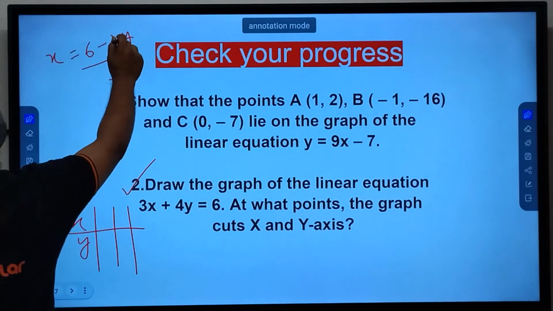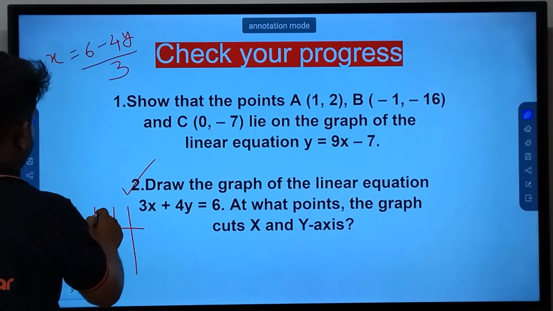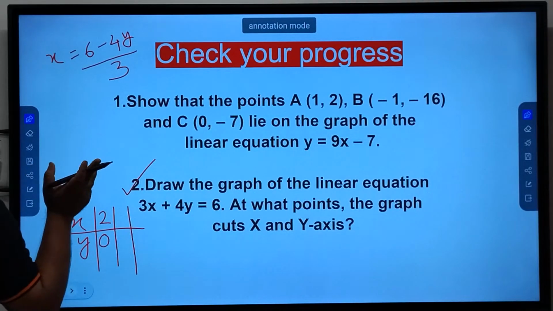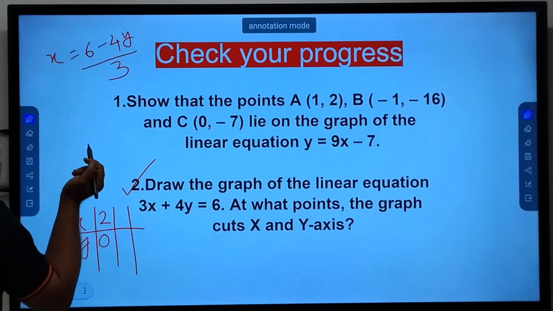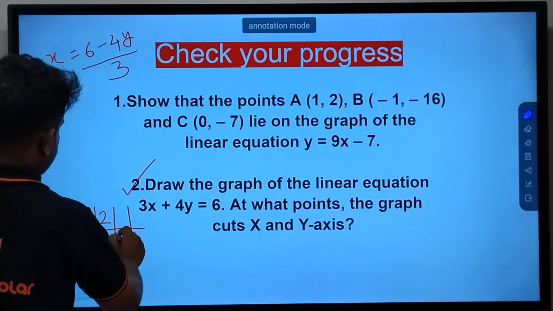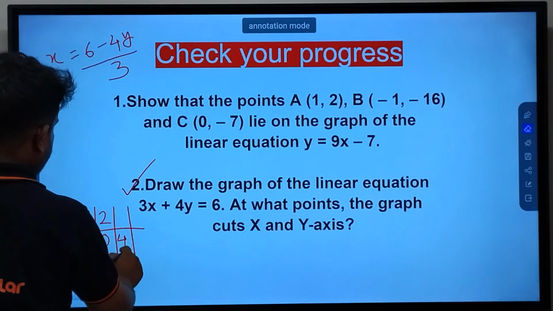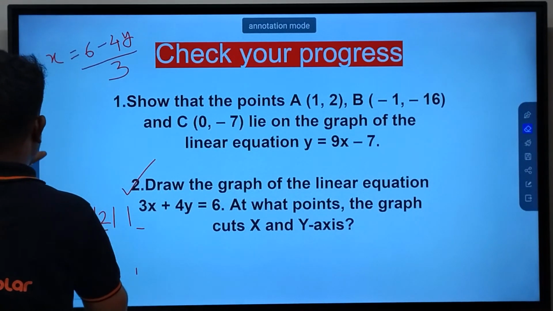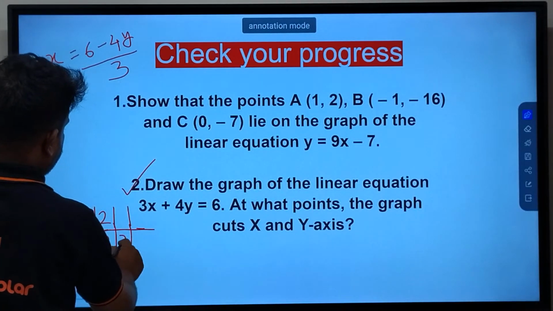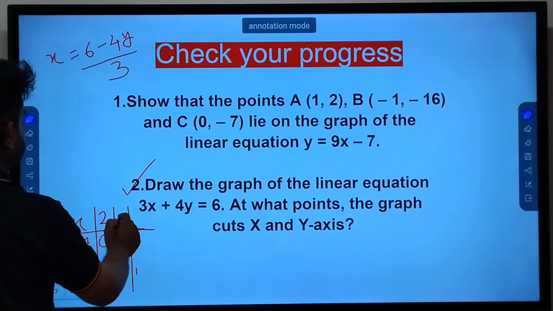if I put 0 here, the value of x will be 2. If I put, sorry, not 4, it will be 3, if I put the value of 3 here, it will be -2.